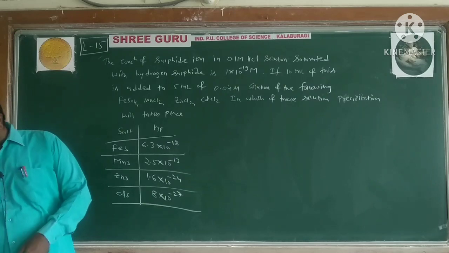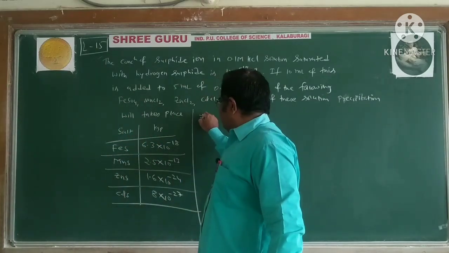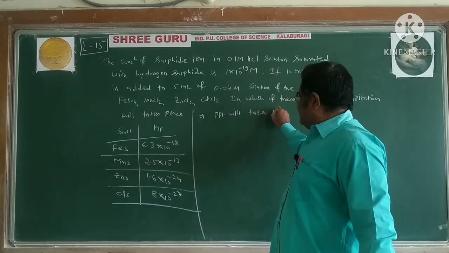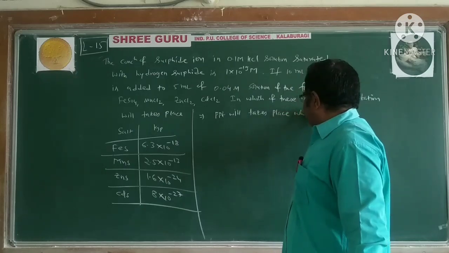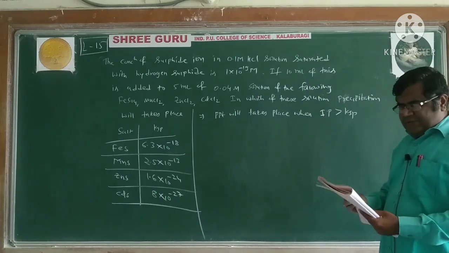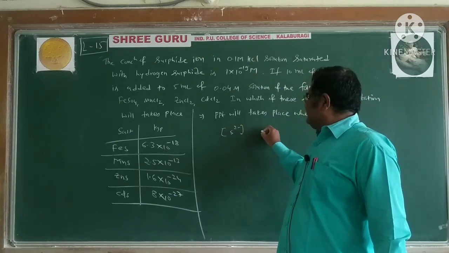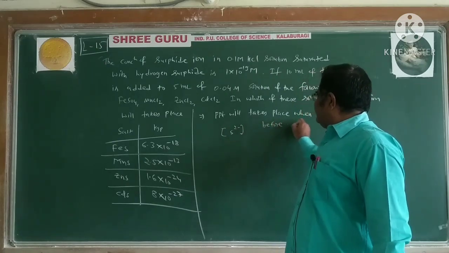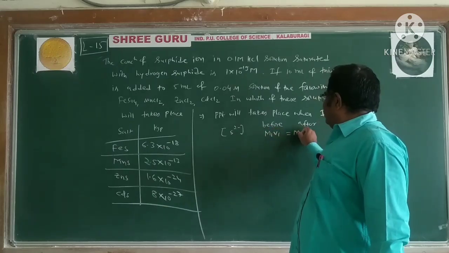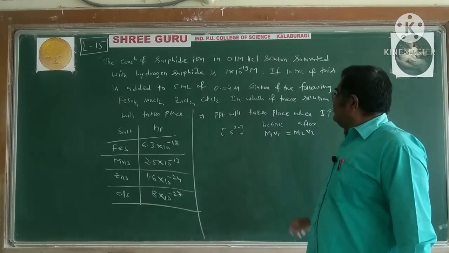Now first thing we should mention here, precipitation will take place when ionic product is greater than solubility product. We know that. Now we calculate the sulfide ion concentration. Before and after, M1V1 is equal to M2V2.